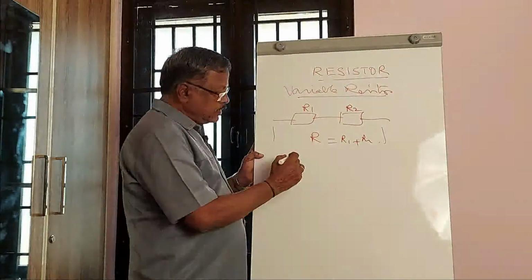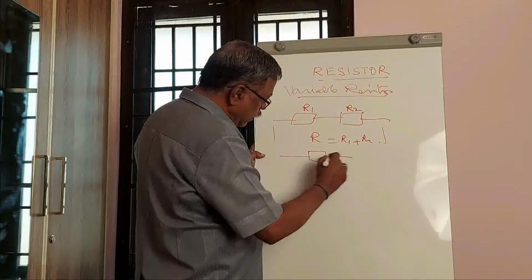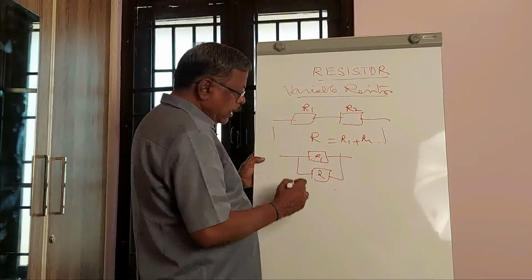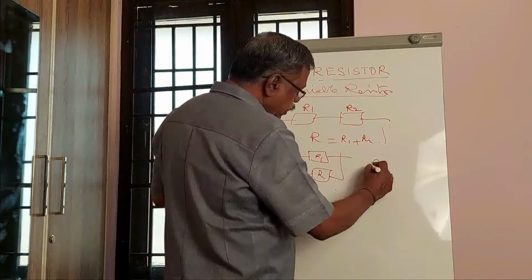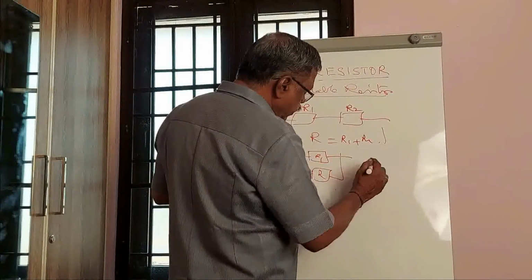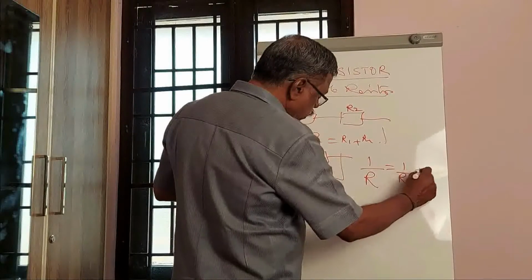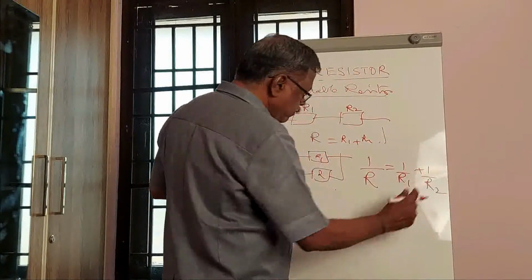And if the resistors are connected in parallel, the effective R is governed by the equation 1 by R is equal to 1 by R1 plus 1 by R2.